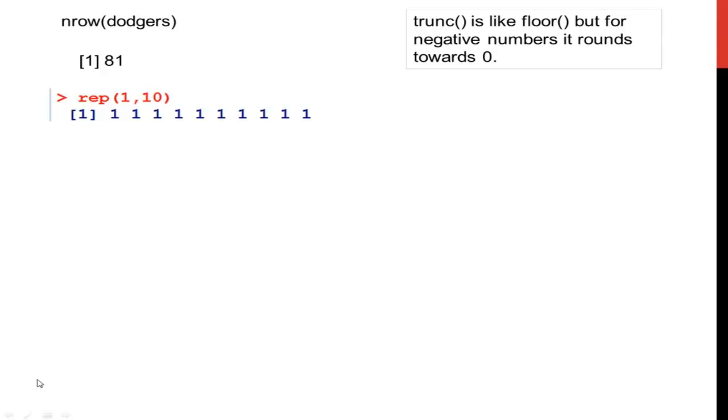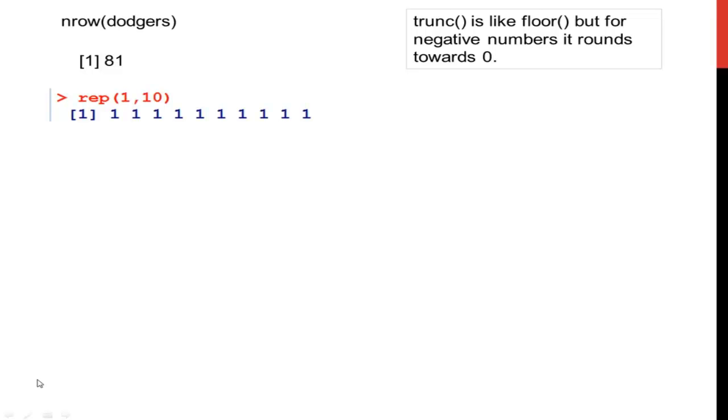Now try trunc on negative 3.8. What do you get? You get negative 3, right? So it's bringing it towards 0. So the direction for trunc is towards 0, and the direction for floor is lower than.